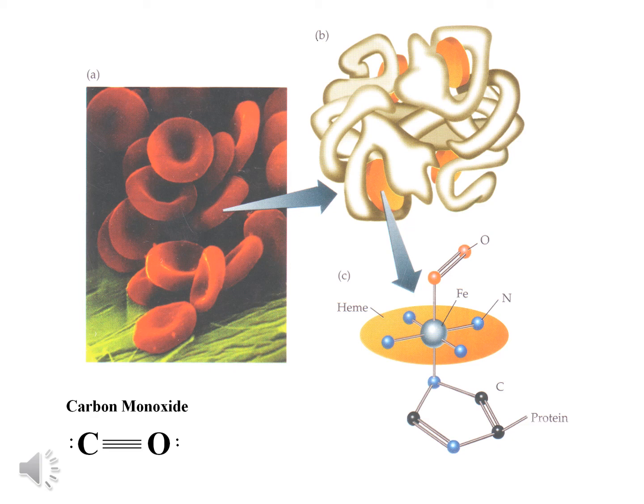If you look at where the heme is attached, the protein has an amino acid residue on it called histidine, which has 2 nitrogens.